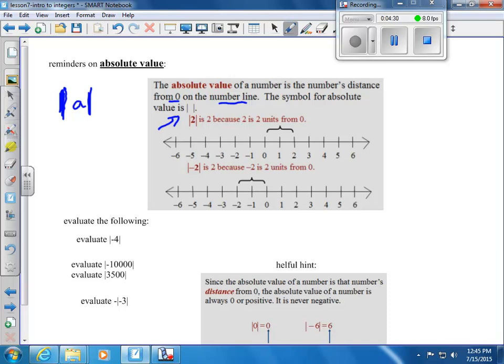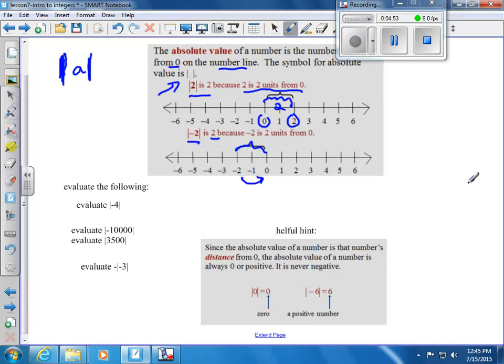So the absolute value of 2 is 2 because it's 2 units from 0 on the number line. But the absolute value of -2 is also 2 because -2 is also 2 units away from 0. Okay? So absolute value is just the positive distance from 0. It's that simple.